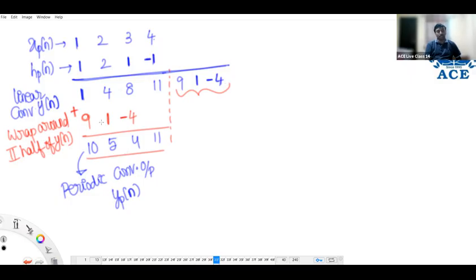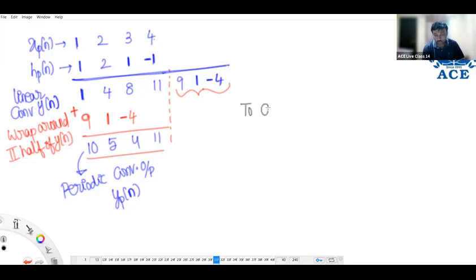Then how are we converting ordinary to periodic? Don't change the first periodic samples of y of n. In the example, what is the periodicity? 4. First 4 samples of y of n remain the same. Add the second half to the first half. Ordinary convolution is converted to periodic. What is the meaning of wrapping? Like a bunch of chapatis wrapped in a foil, the second set of y of n is placed on the first set.